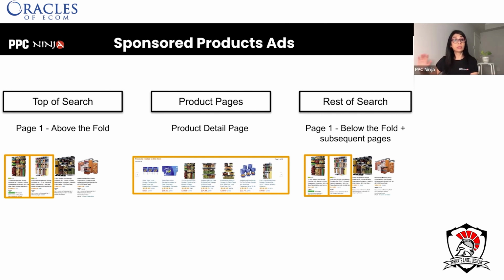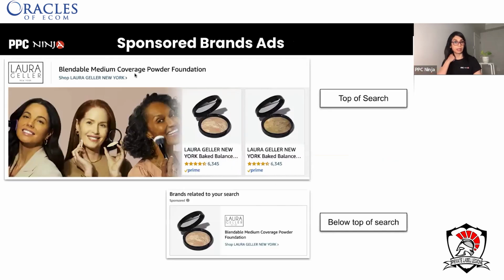So we're going to talk about how to look at the data and how to cut back on poorly performing placements and leverage placements that are performing well. The examples I just shared are for sponsored product ads, but let's look at what it looks like for sponsored brand ads. With sponsored brands, there are 2 placements.